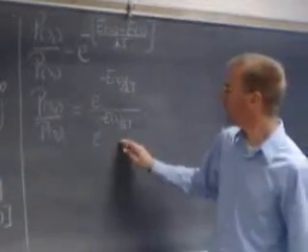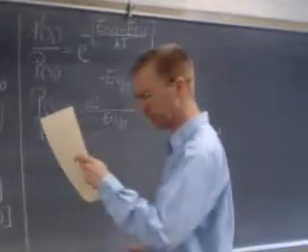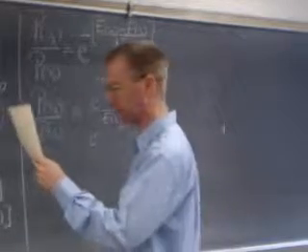Why don't I get all of the S2s together on one side and all the S1s on the other? So I cross multiply. This is the really clever part. I like this.